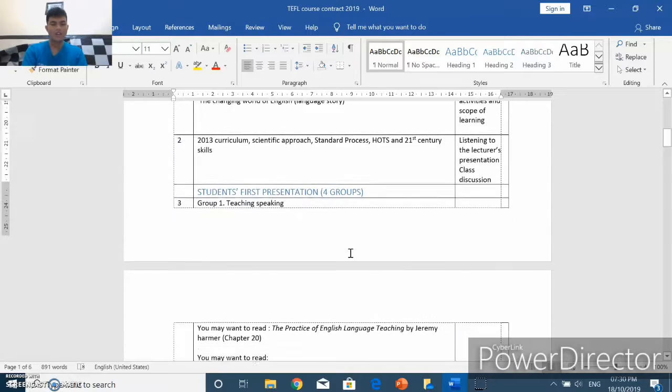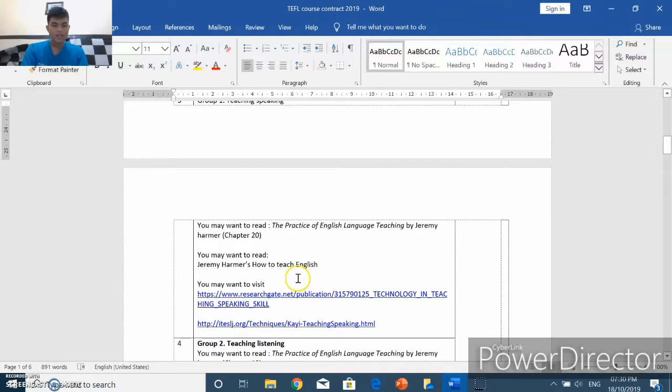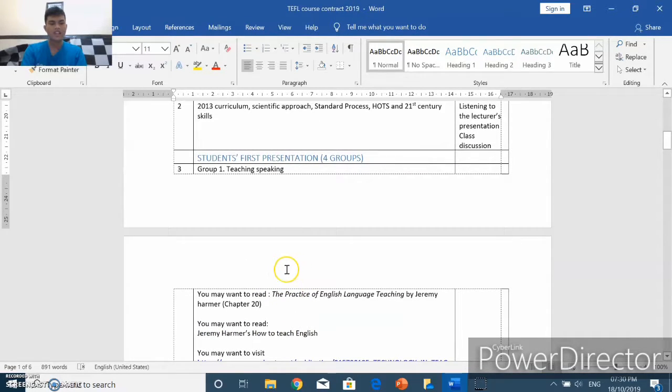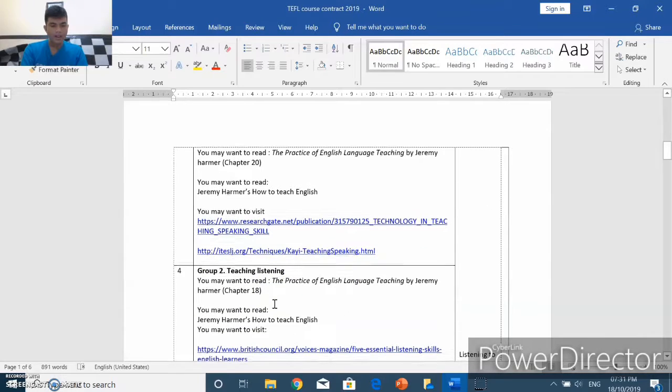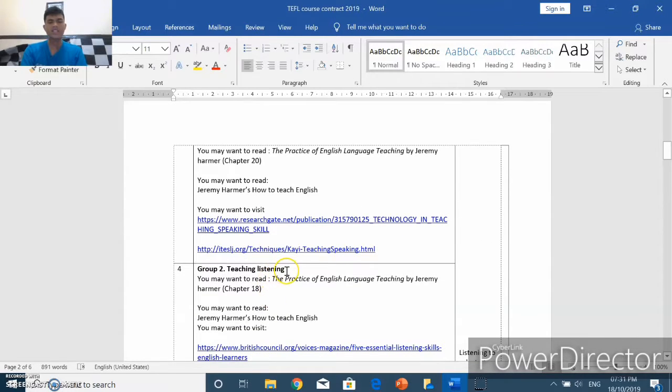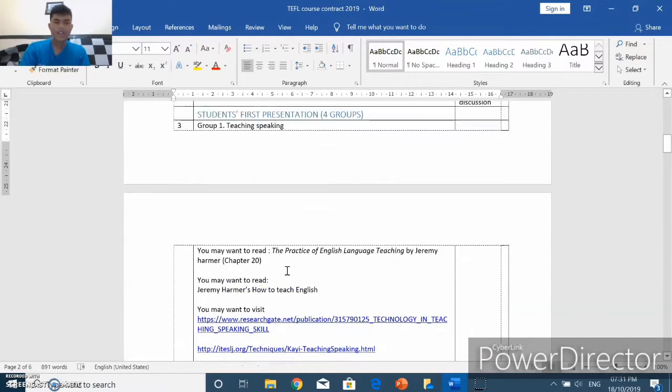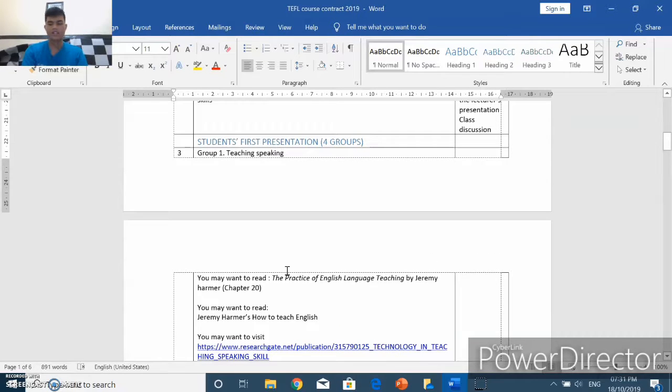Here Mrs. Lokita has given references to which books we need to read or what websites we have to visit in order to understand, let's say, how to teach listening. That's the critical resource.